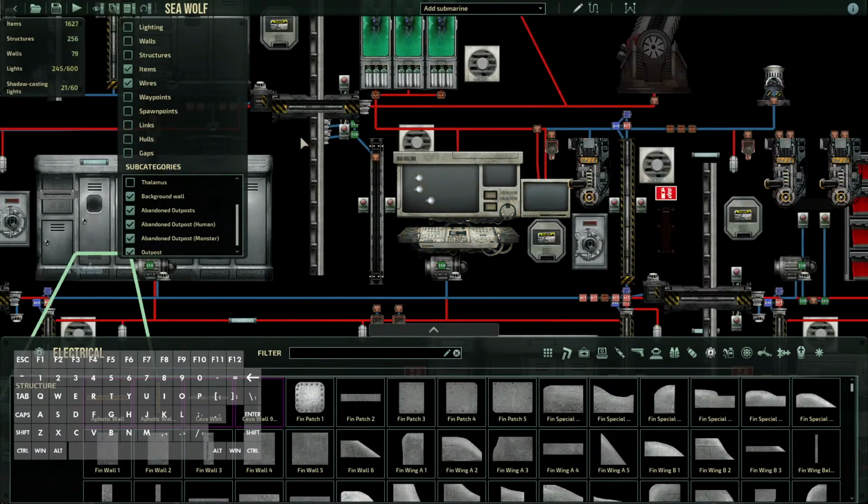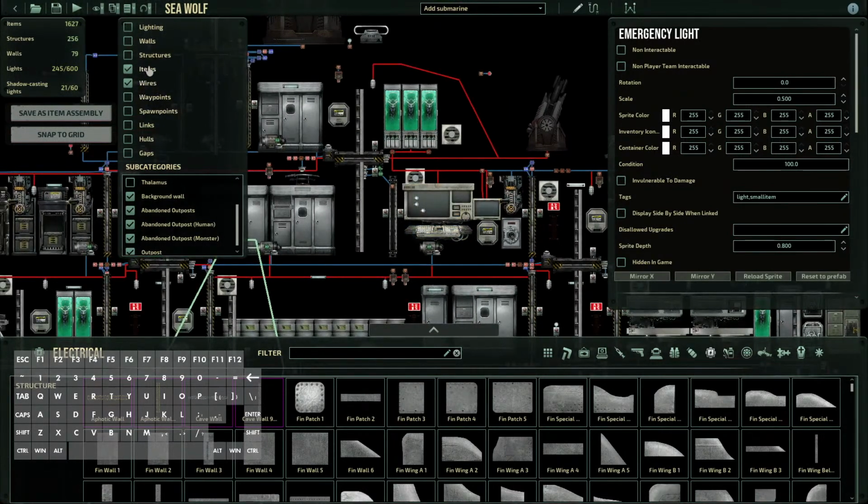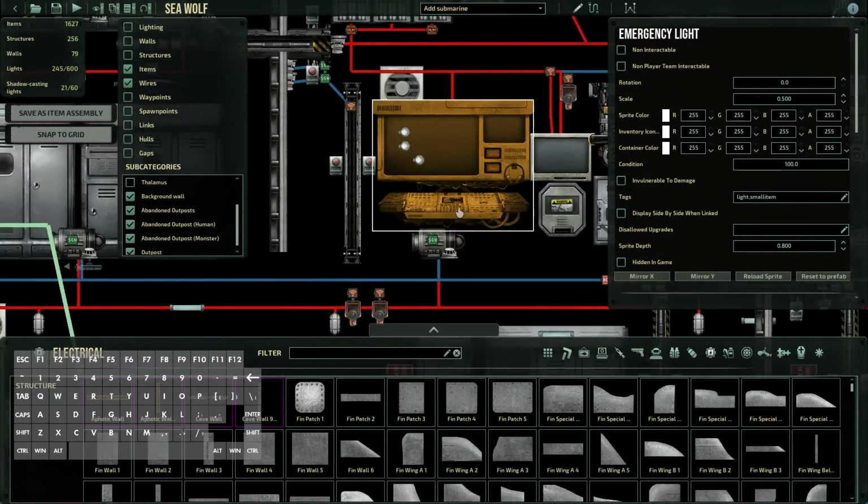What else do you have for lights? Get rid of that one. Get rid of that one. And a light around here somewhere that's blinking.